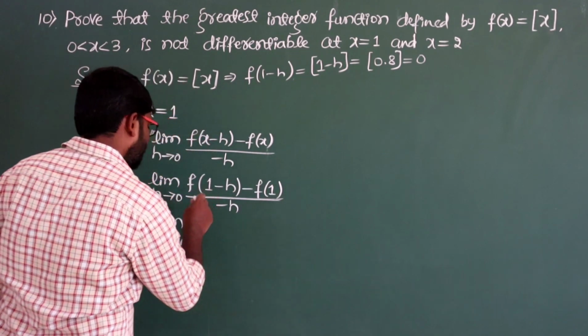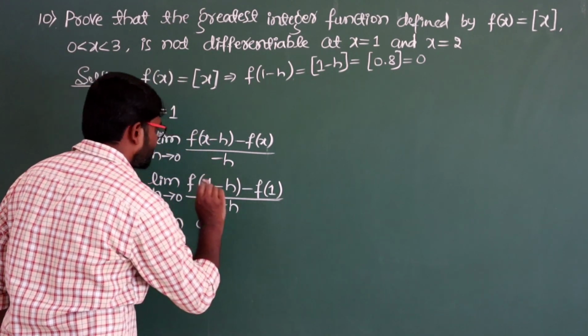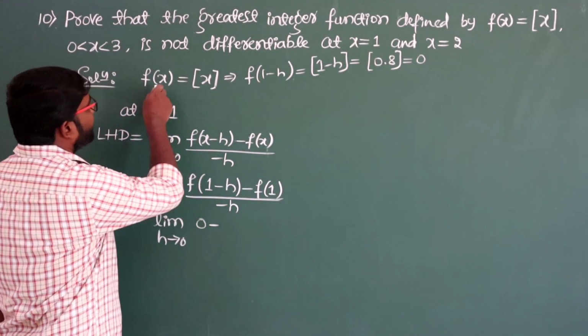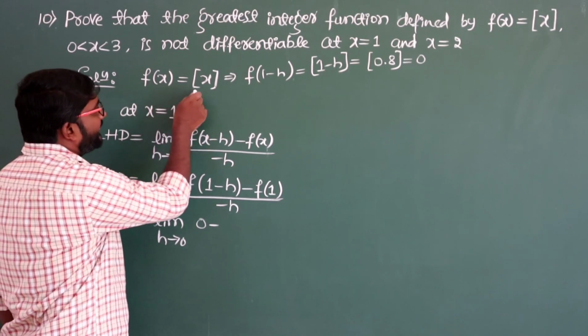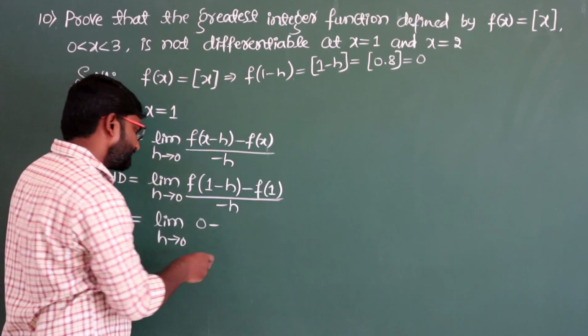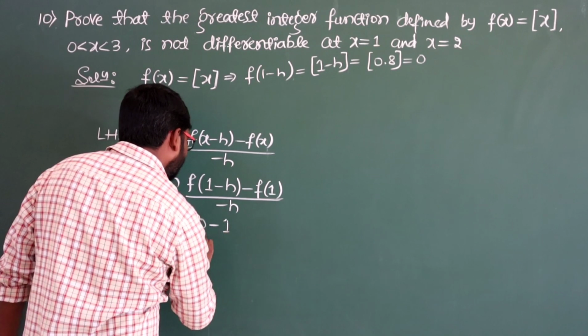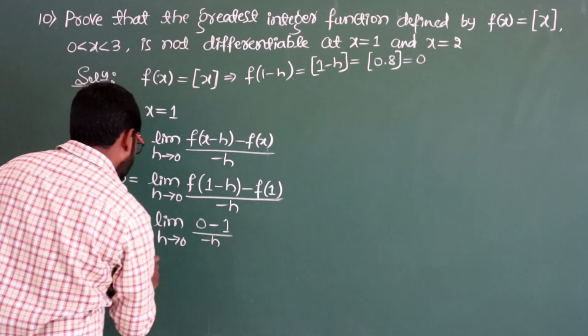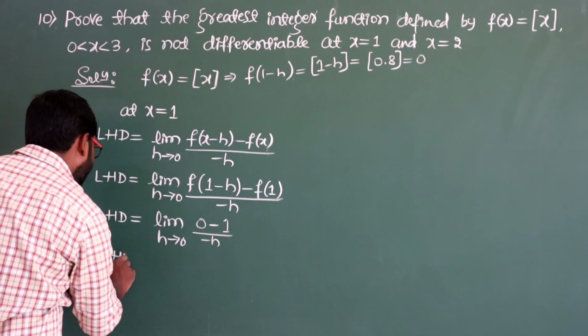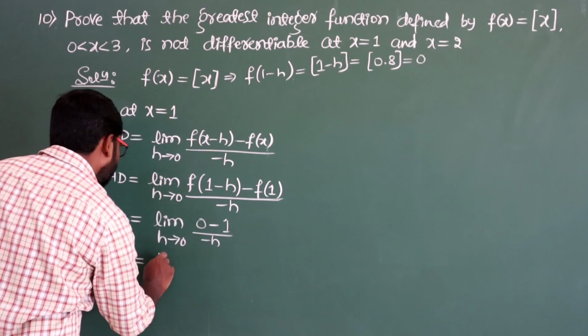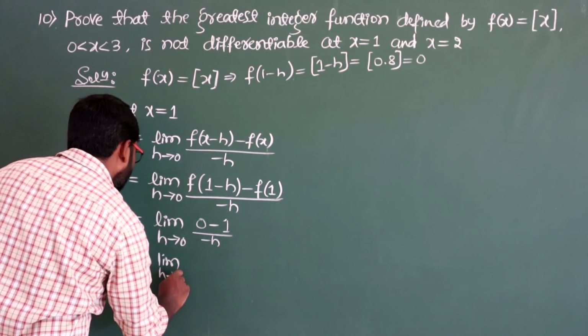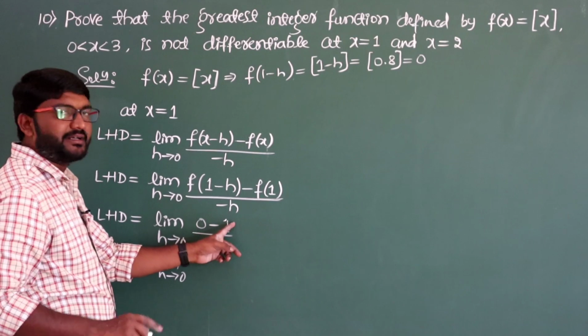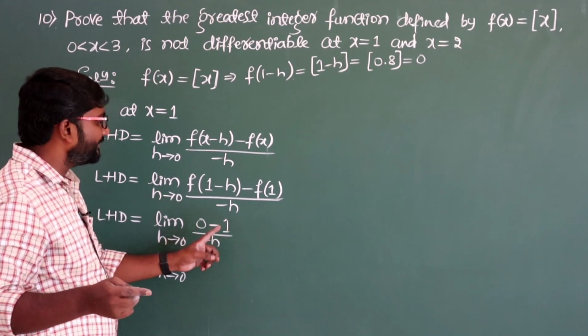We substitute 0, then minus f of 1. We need f of 1 now. The greatest integer of 1 is 1, divided by minus h. So the left hand derivative is the limit as h tends to 0 of 0 minus 1, which is minus 1, divided by minus h.